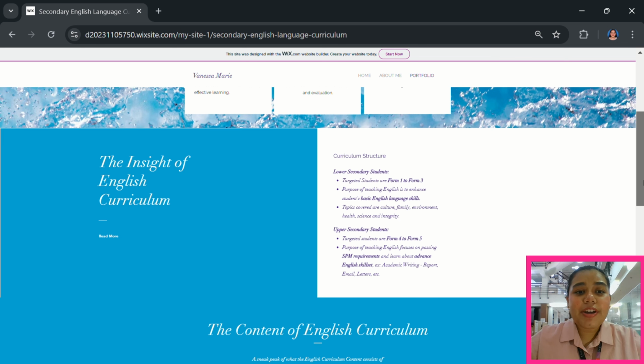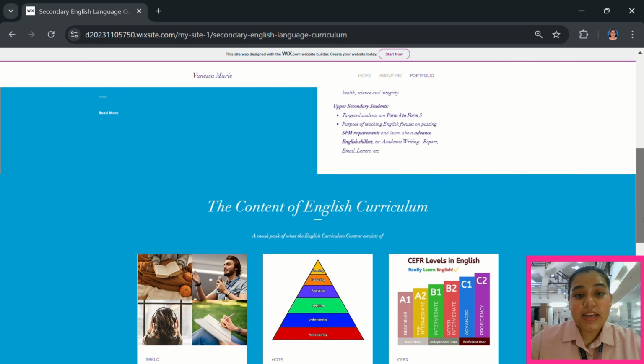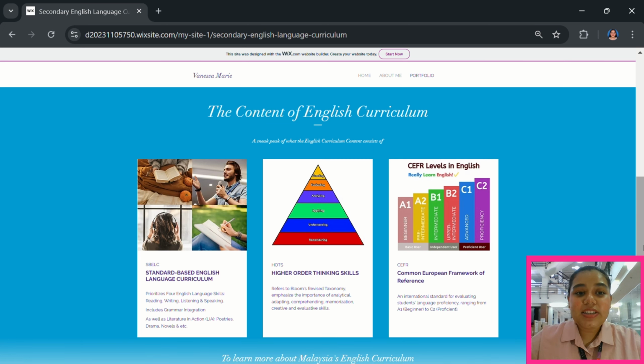So, the curriculum content is based on three key components. Standard-based English Language Curriculum, which emphasizes the core skills such as reading, writing, listening, and speaking, as well as grammar. Not only that, there's also higher order thinking skills, HOTS, which is about lessons and content standards that are aligned with Bloom's revised taxonomy to promote critical and creative thinking.